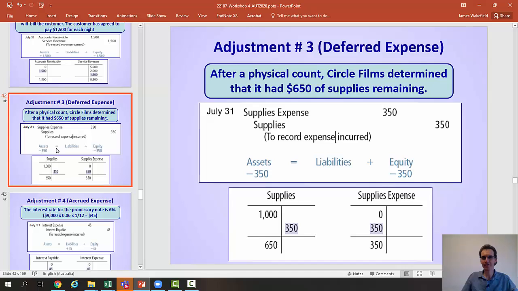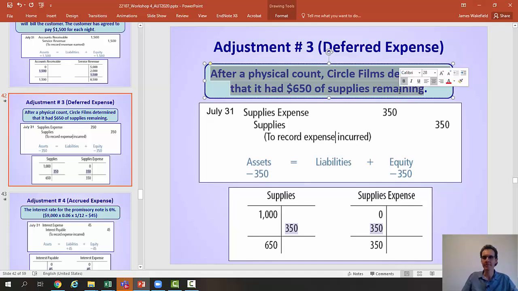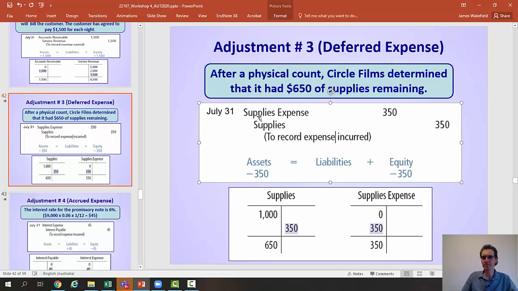The third adjustment here is after a physical count, Circle determined that it had $650 of supplies remaining. Now, what I want to do here is show you how we actually work out what this supplies expense is, which is showing as $350 in this adjusting entry.